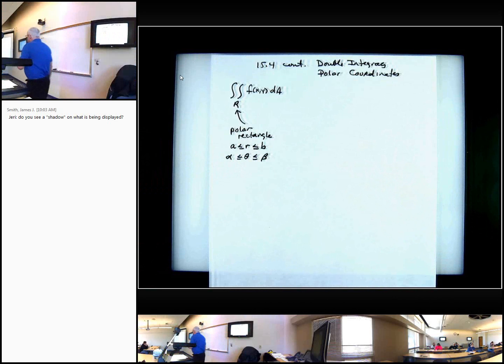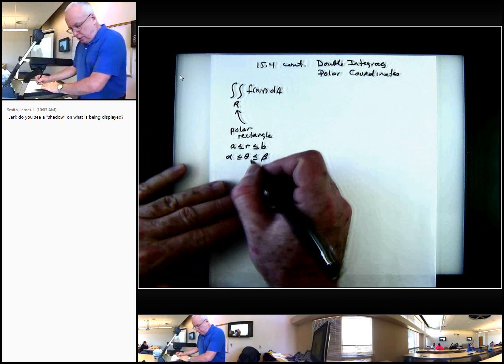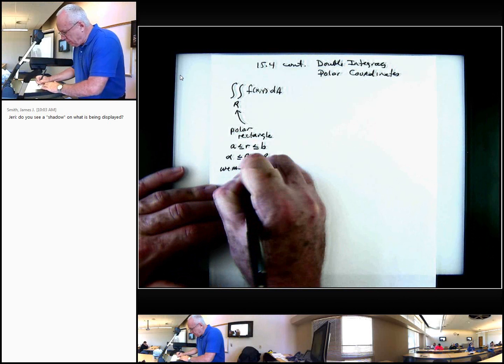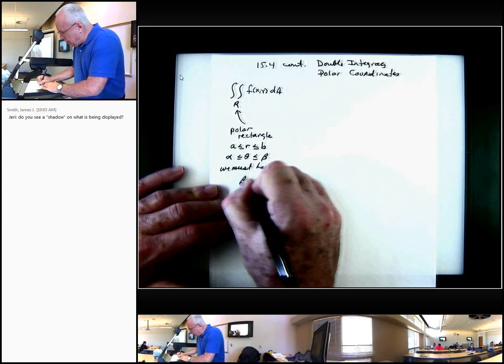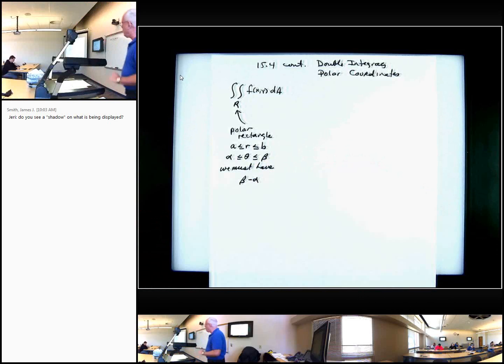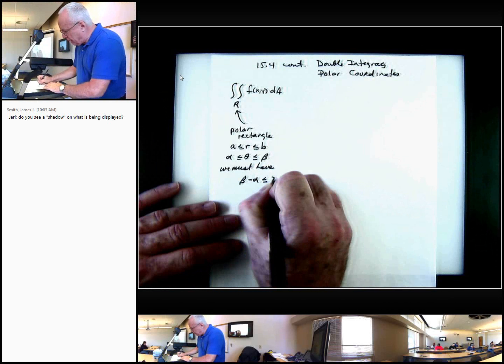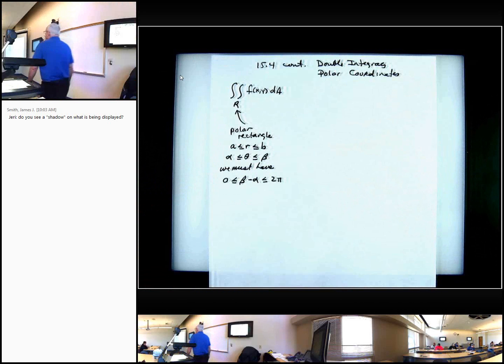Something that I didn't put up here last time, I want to also include here. We must have beta, the top angle, minus the bottom angle, less than or equal to 2 pi and greater than or equal to 0. I didn't put that on there last time. Those are our two angles.